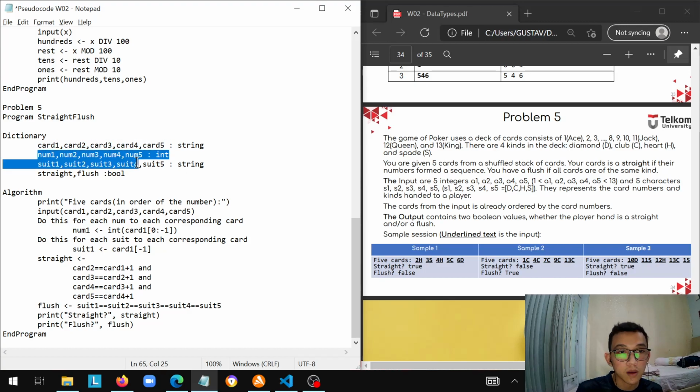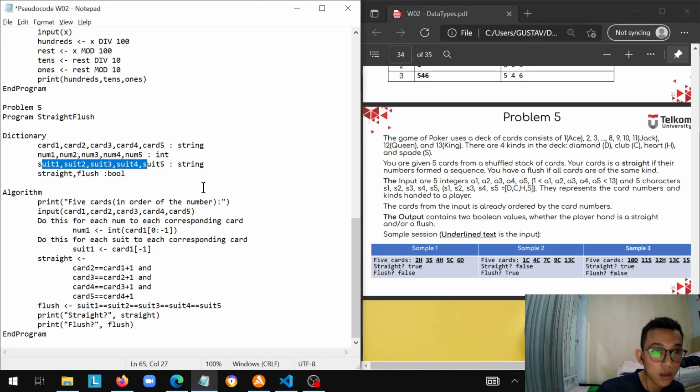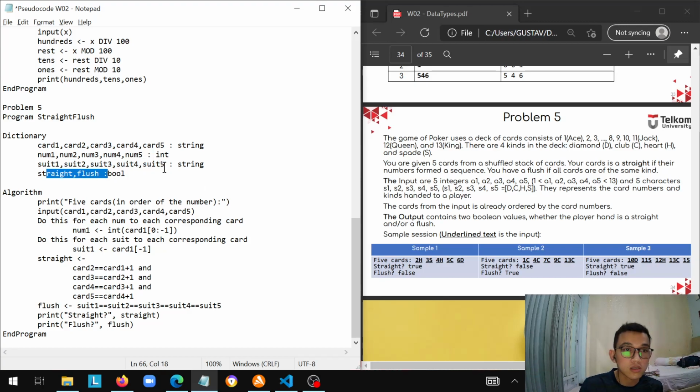And then we have the number, which we're going to explain a bit later. And the suit, if you don't know what the suit is, basically what kind of card is it? Is it a spade, clubs, diamond or heart? And this one is straight or flush, and it's pretty easy to understand. And let's jump into the algorithm.